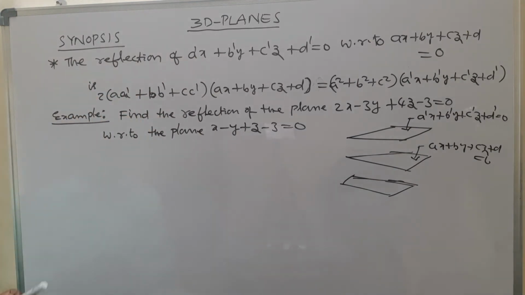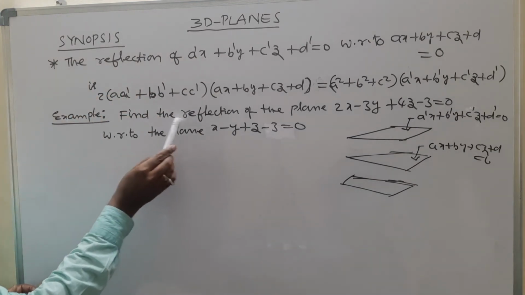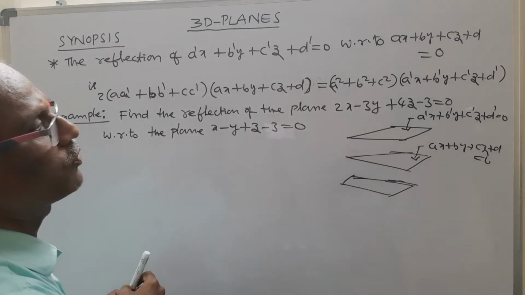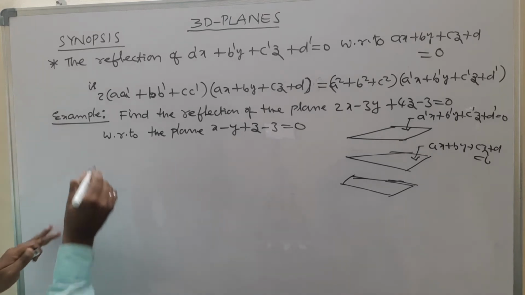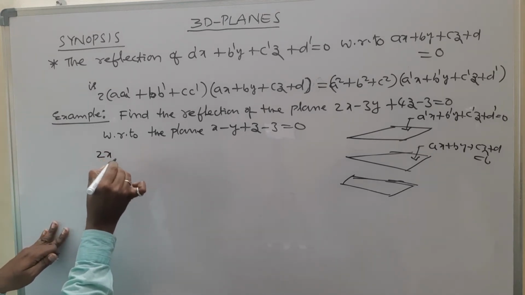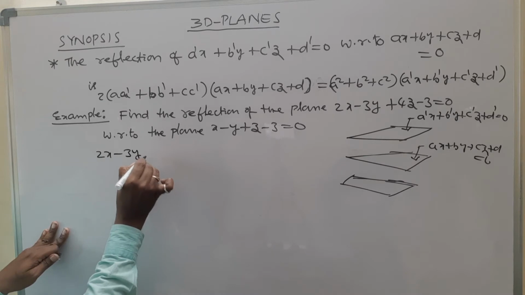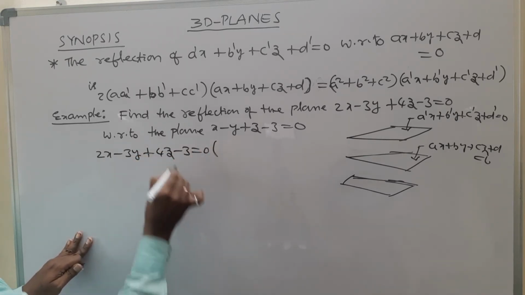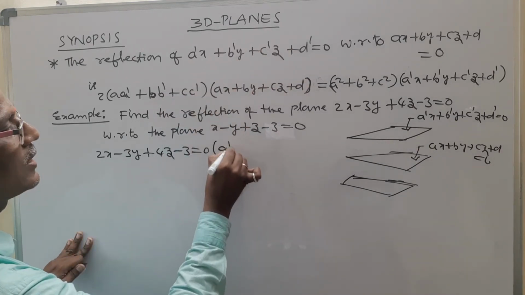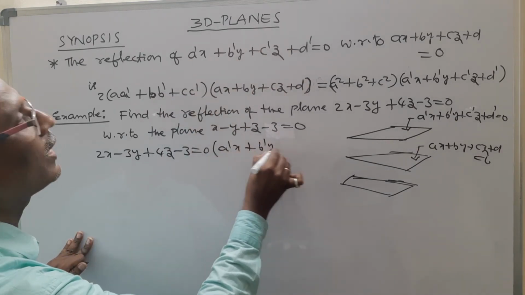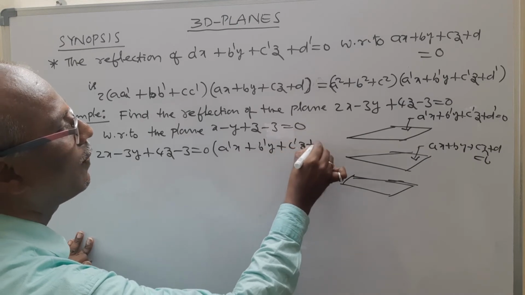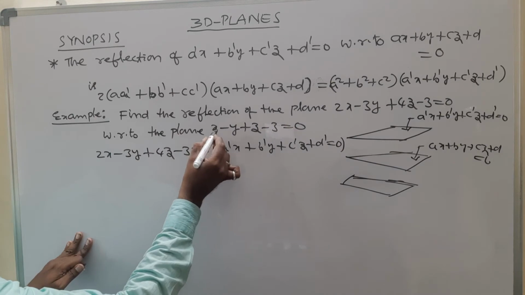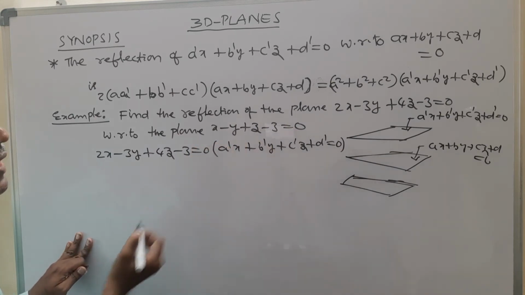Here one example problem. Find the reflection of the plane 2x minus 3y plus 4z minus 3 equal to 0. Here the plane equation 2x minus 3y plus 4z minus 3 equal to 0 is compared with a dash x plus b dash y plus c dash z plus d dash equal to 0, with respect to another plane given x minus y plus z minus 3 equal to 0.